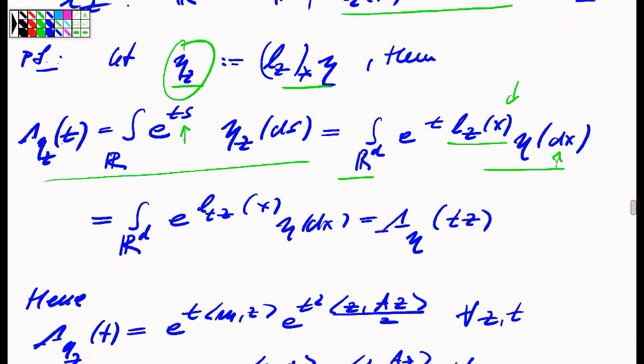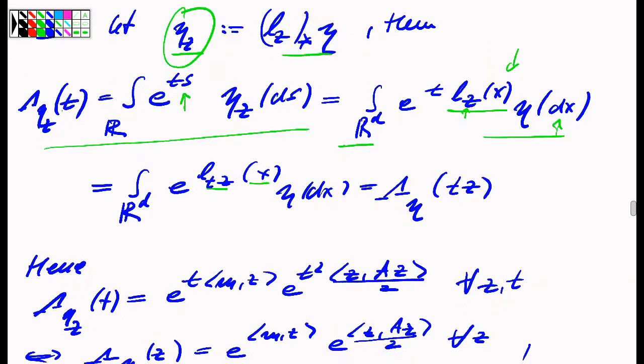And now we have here in the exponent e to the t times the linear projection in direction z. But since this linear projection is just the inner product, which is linear with respect to z, we can also interpret this as the exponent of the linear projection in direction tz of x. We see that what we do here is nothing but the Laplace transform in direction tz of the original measure.